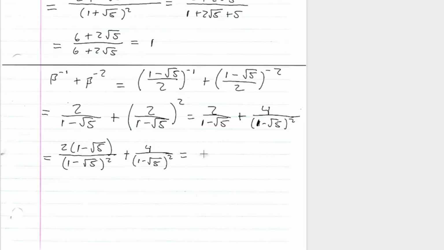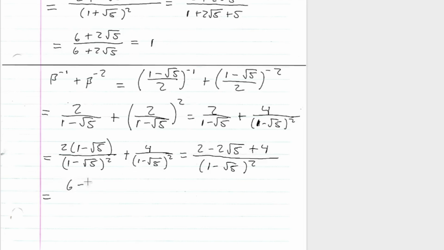Okay, so we can combine this now. So this will be 2 minus 2 square root of 5 plus 4 over (1 minus the square root of 5) squared. And now 2 plus 4 is 6.